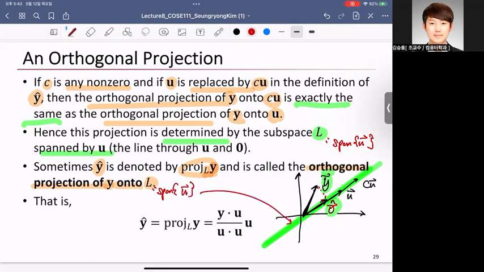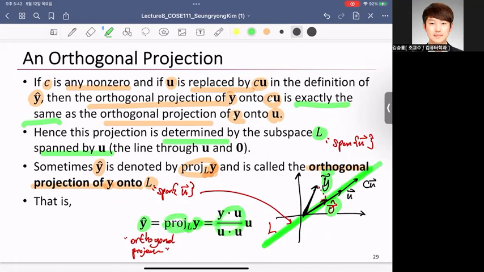This one is L, and y hat, orthogonal projection, is equal to projection L of y, which is equal to this one.